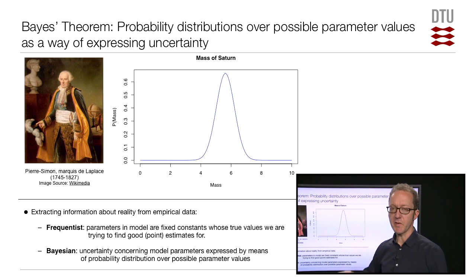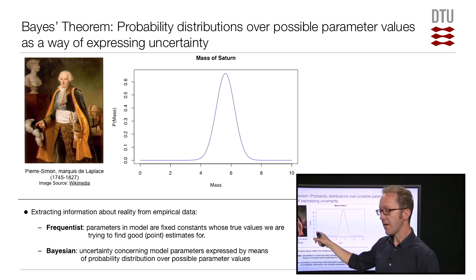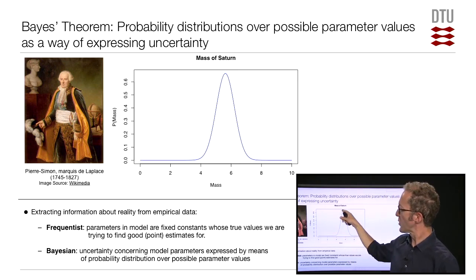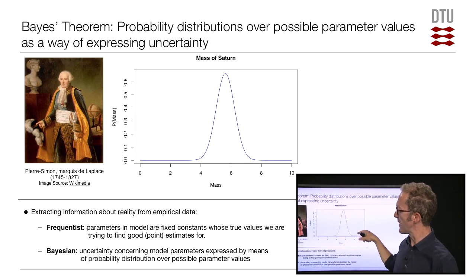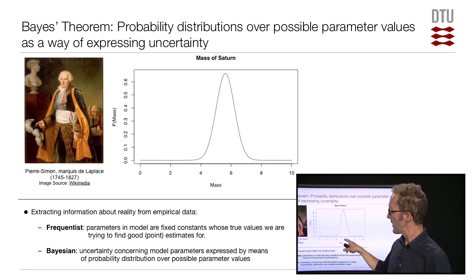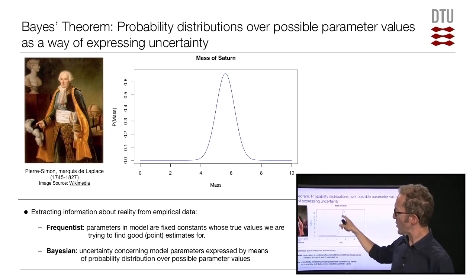So he had various data like gravitational influence on the moons and its rotation about the sun, etc., etc. And based on all of these data, he used these Bayesian statistical means to compute this result, which is a probability distribution over the possible masses of Saturn. This is in the units of 10 to the 26 kilograms, incidentally. So this is the outcome of any Bayesian analysis.